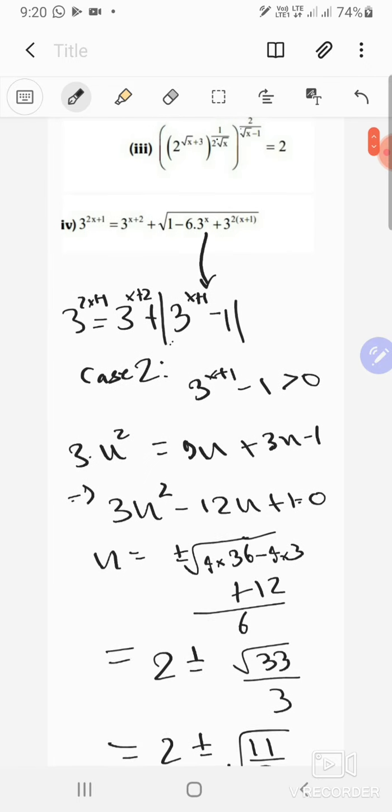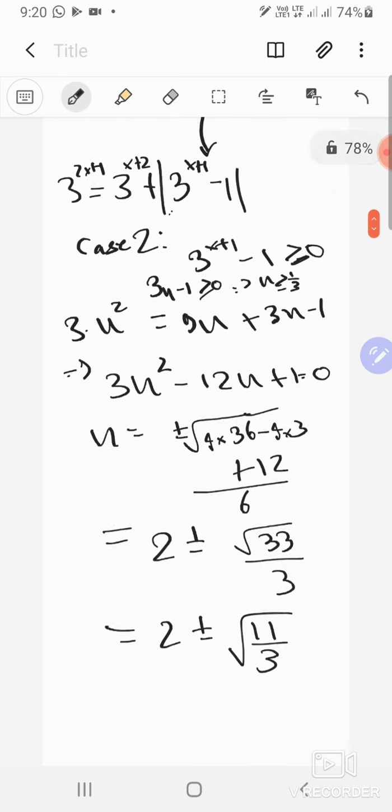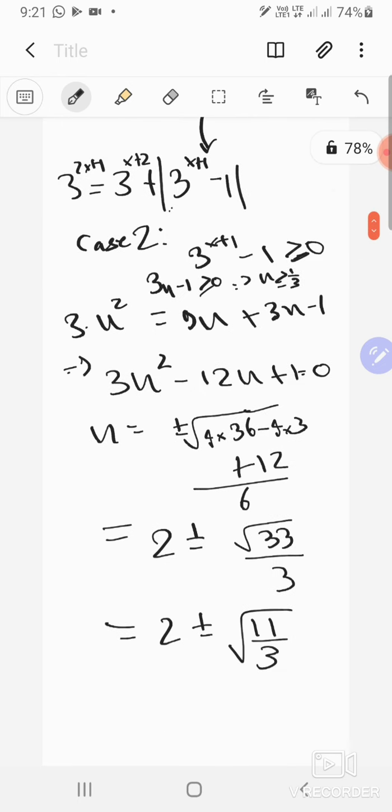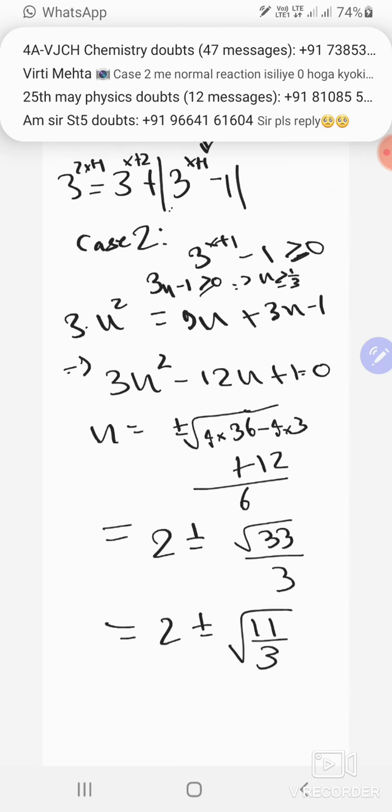So what do we want from that? We want to know if this follows the inequality 3u minus 1 is greater than 0, or u is greater than 1 by 3. Actually it should be greater than or equal to. So does this follow this inequality? 2 plus root of 11 by 3 obviously does.